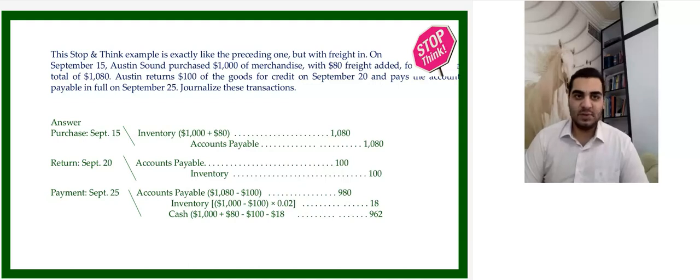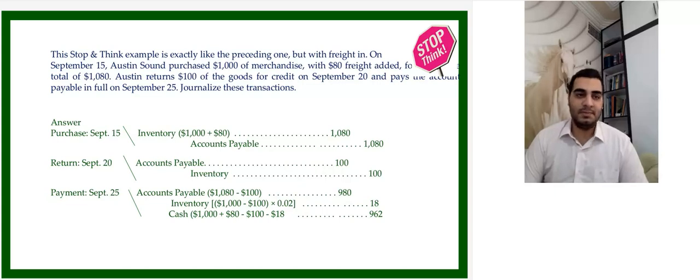For the first one, we're going to debit our inventory for $1,080, and then we're going to credit our accounts payable for the same amount, obviously. But for the return, it's exactly the opposite of the upper entry. We're going to debit accounts payable $100, and then we're going to credit our inventory for the same amount.